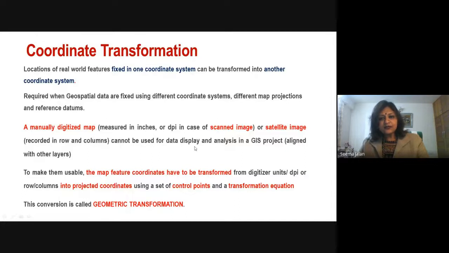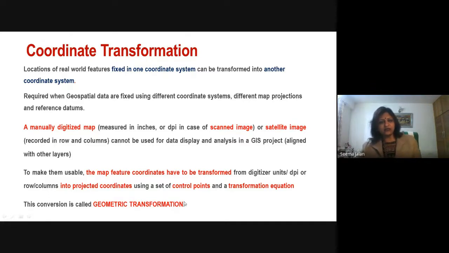This cannot be used for analysis in a GIS project because ultimately in GIS, I want to make some measurements. I want to measure the distance. I want to measure the area. I want to make so many measurements. Then I want to align this particular layer with several other layers. Maybe I have this particular map of Indore, and then I want to overlay the soil layer on it.